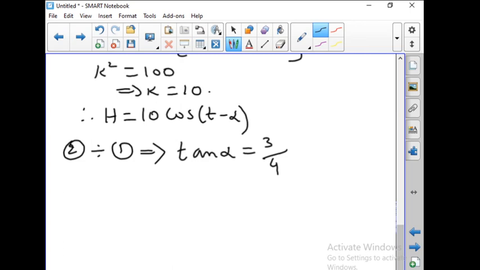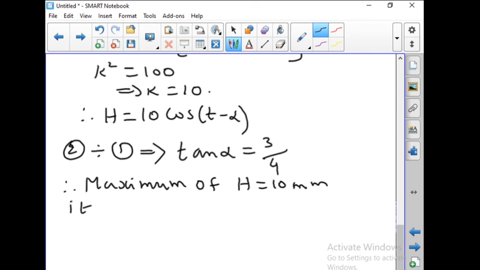So now therefore h, the maximum of h is 10 millimeter. So maximum of h is equal to 10 millimeter, and it occurs when t is equal to alpha.